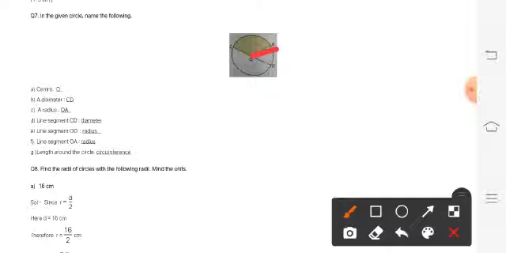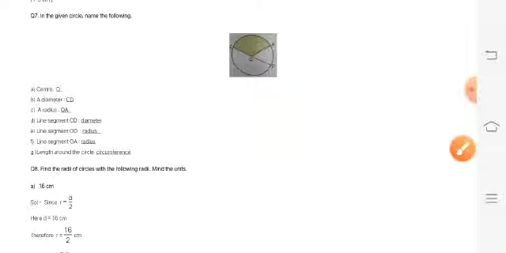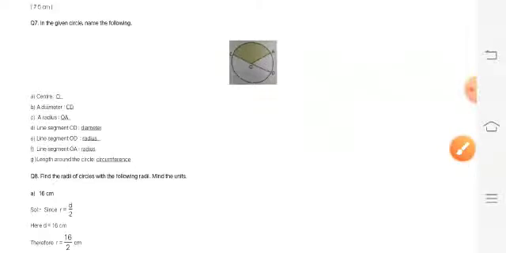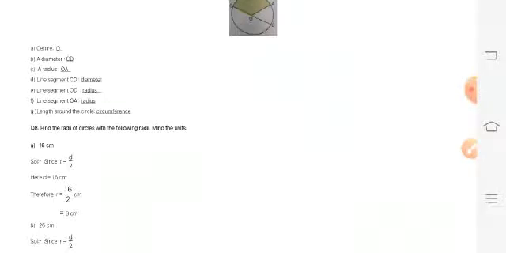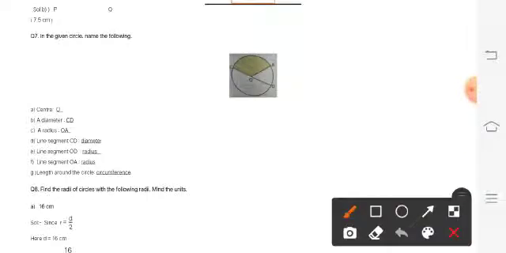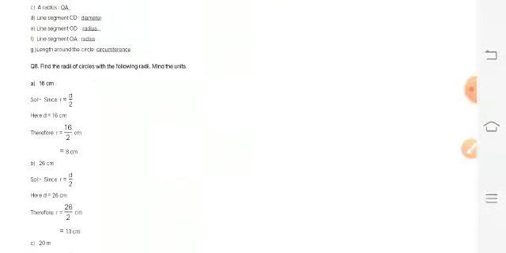Then what is line segment CD? It is the diameter. What is line segment OD? It is the radius. What is line segment OA? It is again a radius. The length around the circle is called its circumference. And all of you know a circle can have more than one radius. Then we have question number 8.